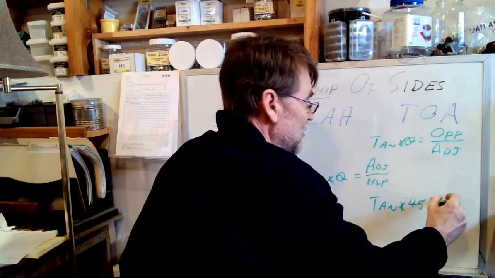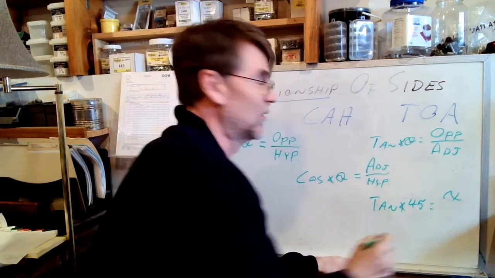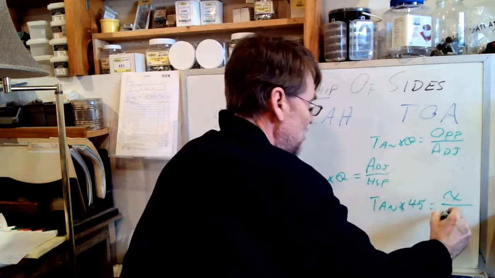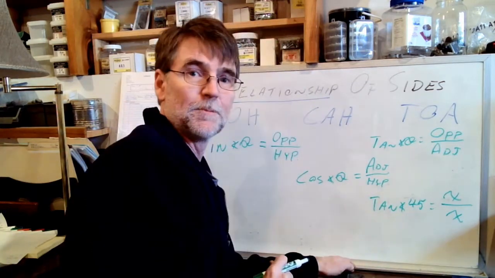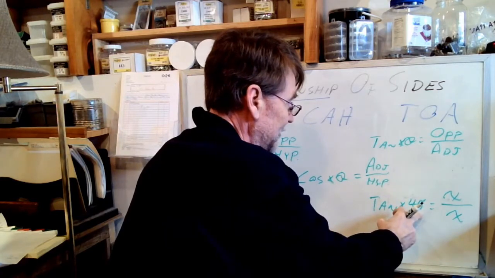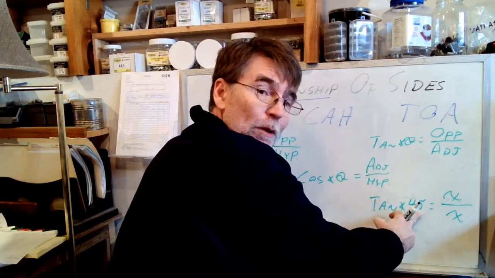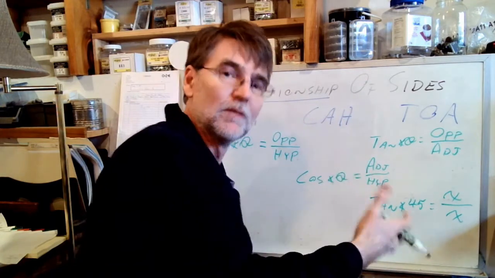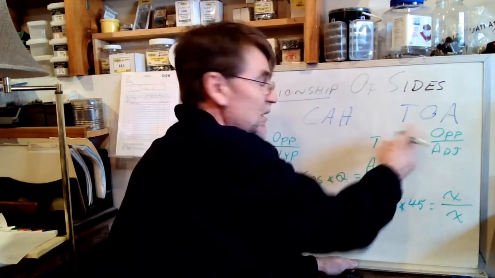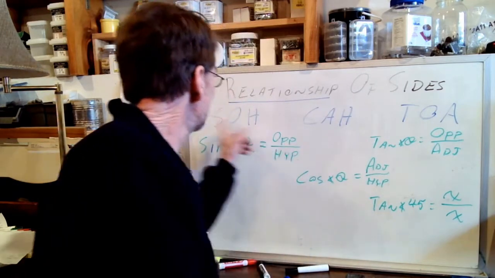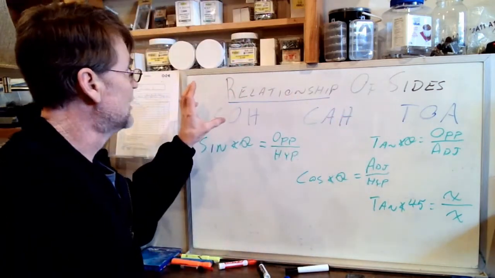So whatever they happen to be, I'm just going to use a placeholder x, if the opposite equals x, then the adjacent also equals x, because they're the same at 45 degrees. So the tan of 45 degrees is going to be 1. It's always going to be a number divided by itself, because the opposite and the adjacent will be the very same value.